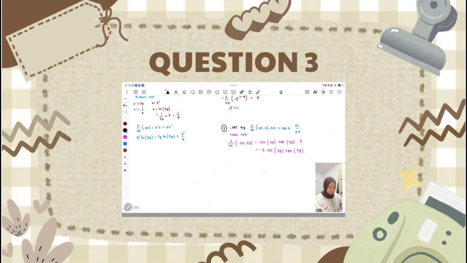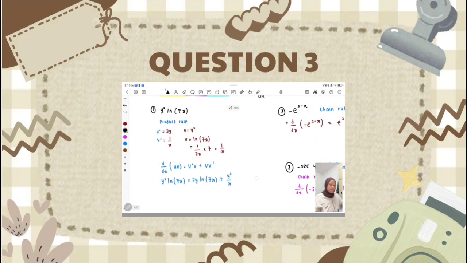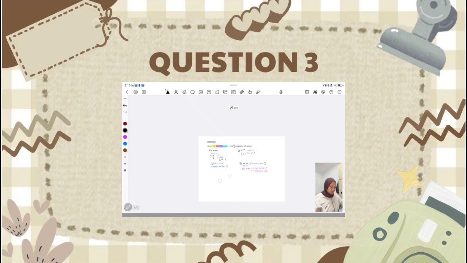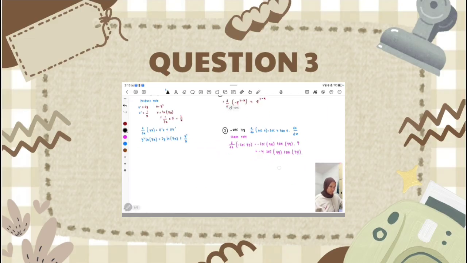So the final step, we are going to combine all of them and then solve the equation.